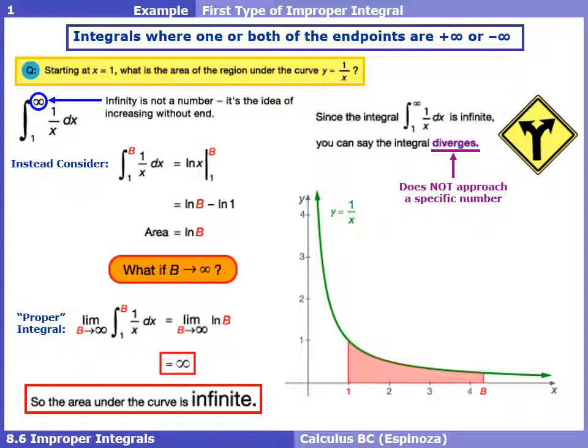And really all diverges means in this particular case is that we're not approaching a specific number. If this little road sign helps you out, where we're branching off and not approaching some specific area, hopefully that'll help you remember what the word diverges means. This integral, since it's infinite, we say that that integral diverges, again because it does not approach a specific number.